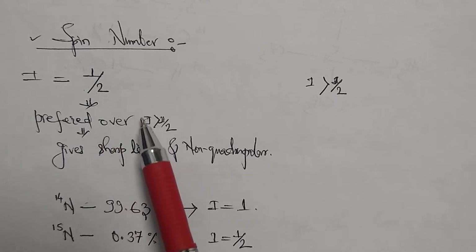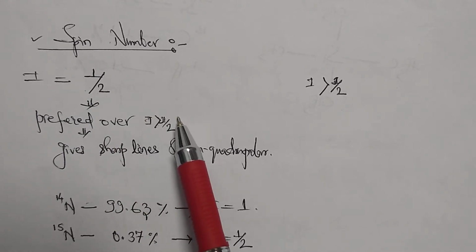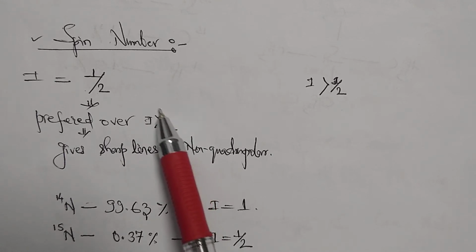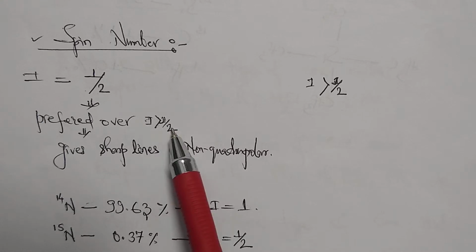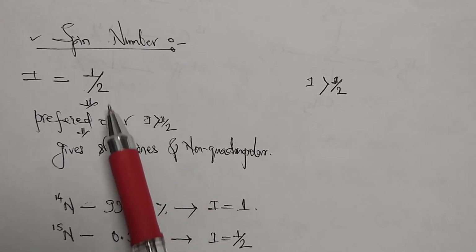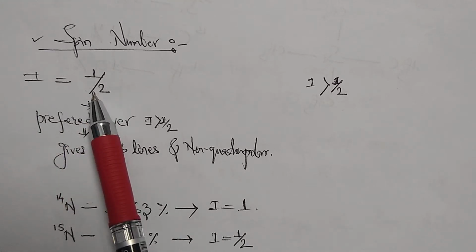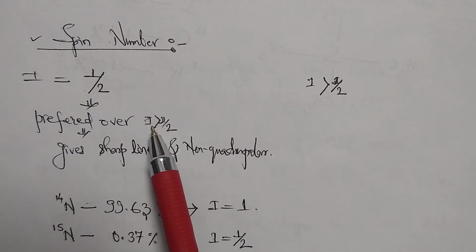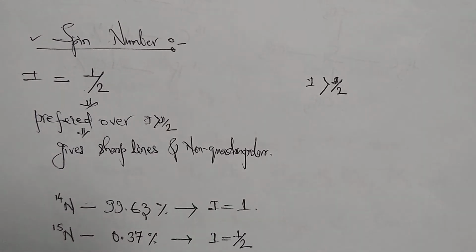But nuclei with I greater than half are non-magnetic and do not show any NMR signals. Hence nuclei with I equals half are preferred over those having I greater than half.